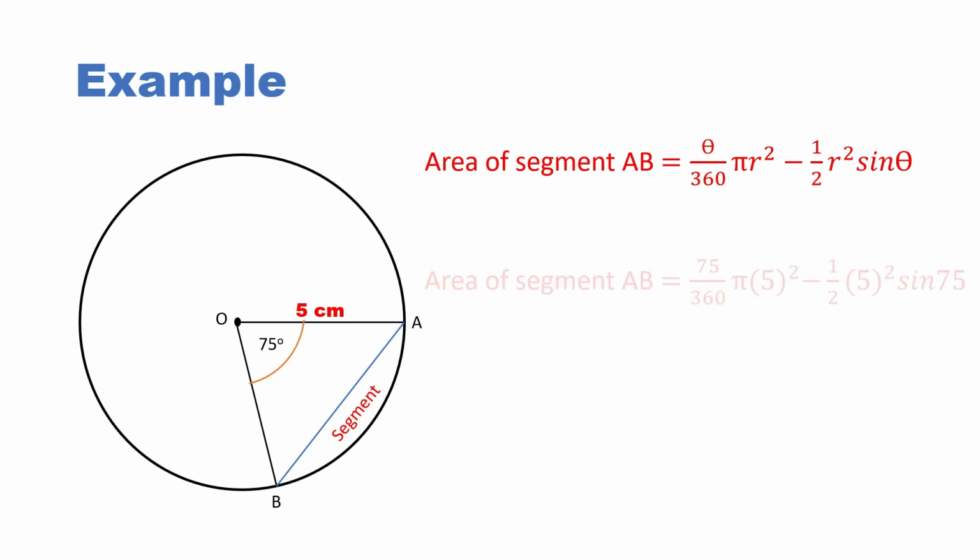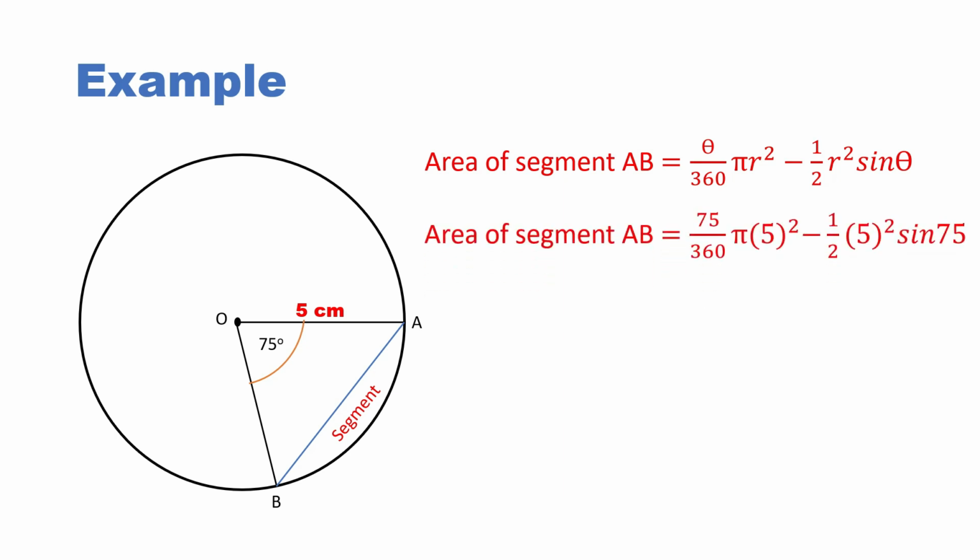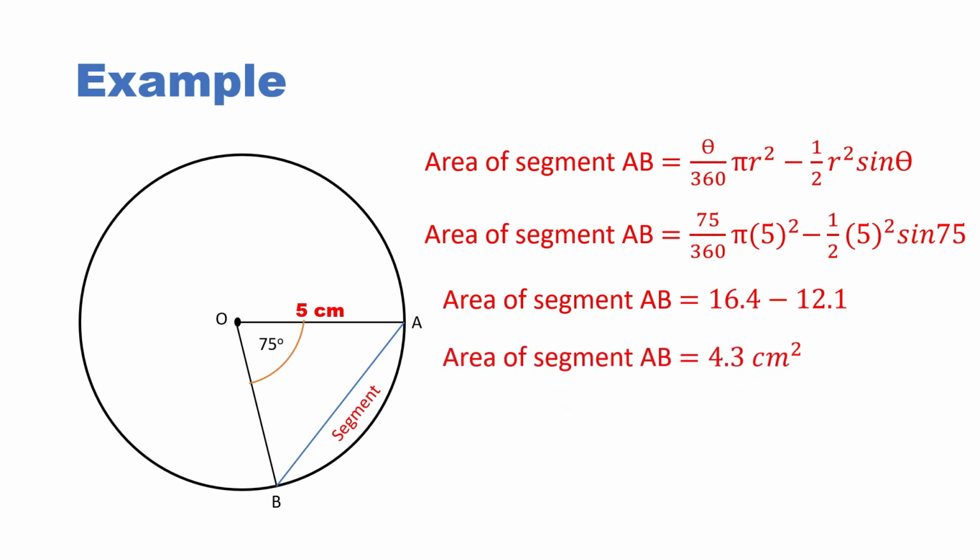If we substitute, we get 75 over 360 times pi times 5 squared minus half times 5 squared times sine 75, which will then give us 16.4 minus 12.1. Hence our final answer is 4.3 square centimeters.